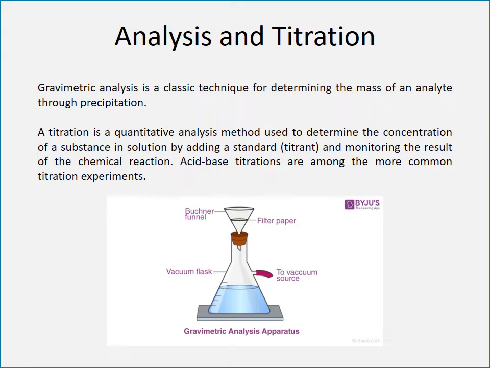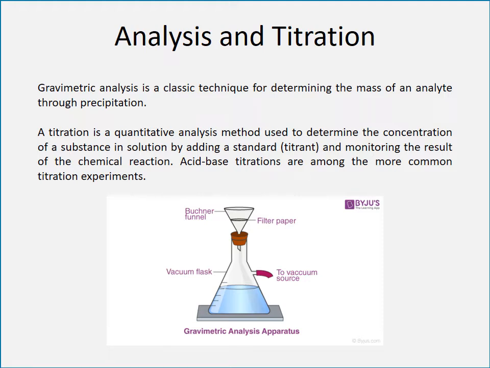So we are not doing the titration as what you have observed, where we use the burette for the titrant and the conical flask for our analyte. For gravimetric titration, this is just the direct addition of our known concentration. That is what we are talking about with gravimetric titration.